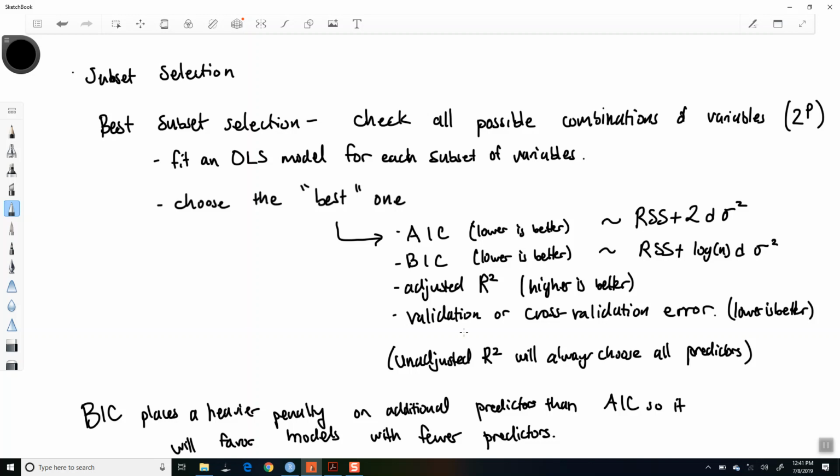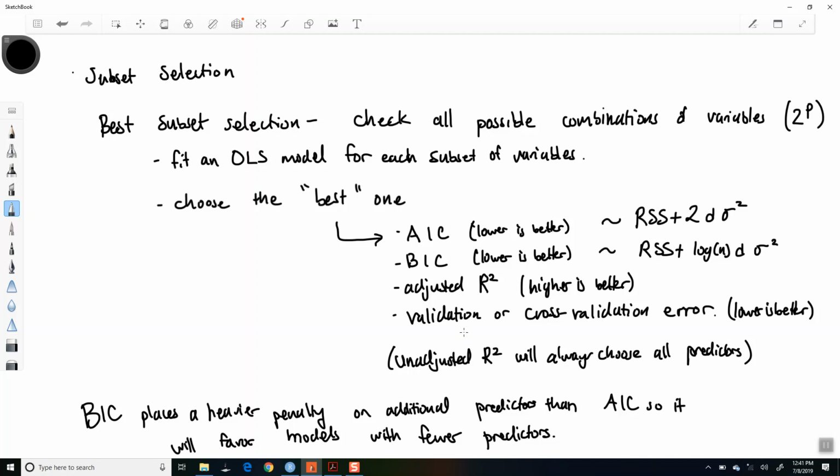Whereas cross-validation, I think, is a little bit easier to justify, right? You just say, well, I wanted to get an estimate of how well it's going to do on test observation error.